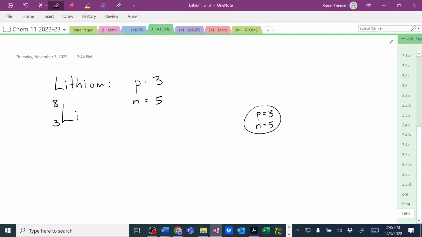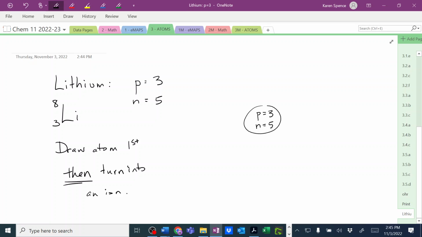I recommend that when you are drawing the ions, you draw the atom first and then turn it into an ion. So draw the atom first, then turn it into an ion.